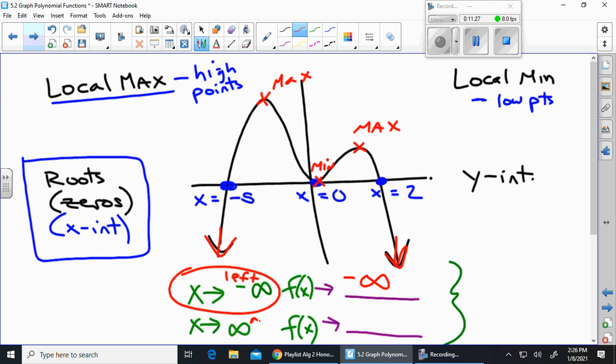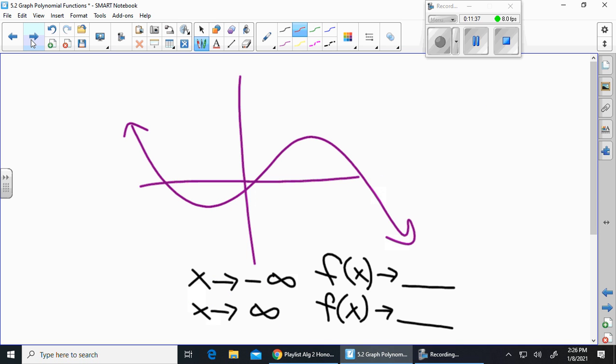Where's my arrow going to the right? My arrow's going down. So they're both negative infinity. You look at this, this would have one min, one max. How many x-intercepts or solutions does it have? 3 x-intercepts, 3 solutions.